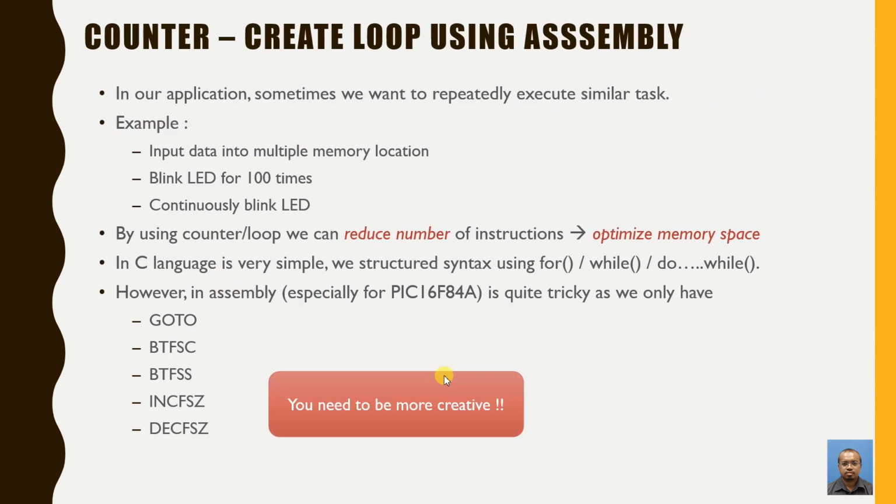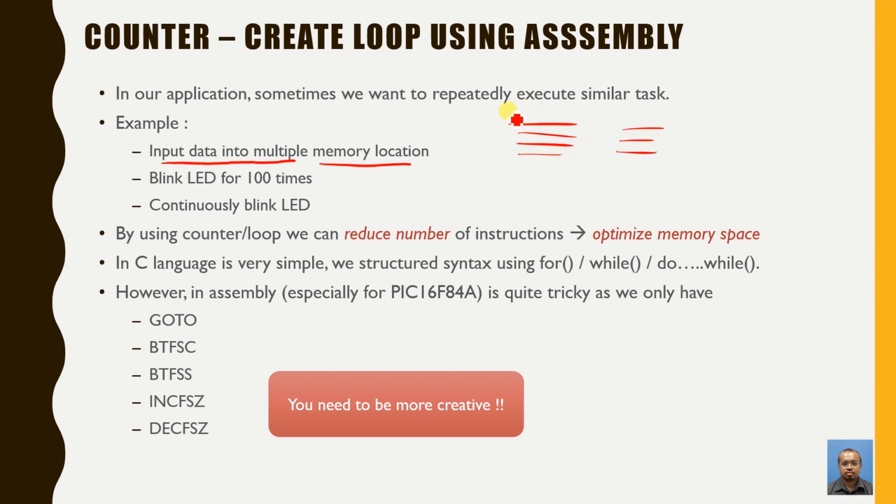Okay, besides branch, we also have counter, which means we create a loop using assembly language. In our application, sometimes you want to repeat certain tasks many times. So that's why we need to use a counter. For example, the application is inputting data into multiple memory locations.